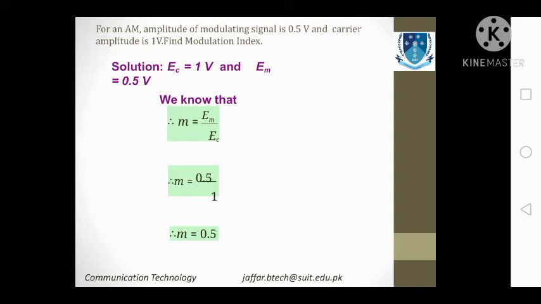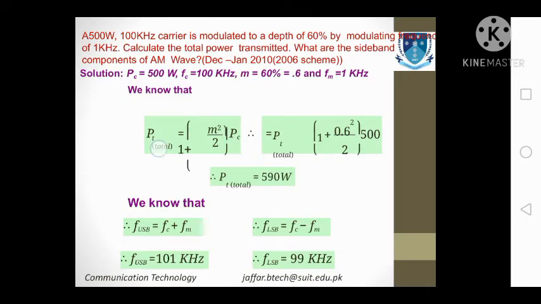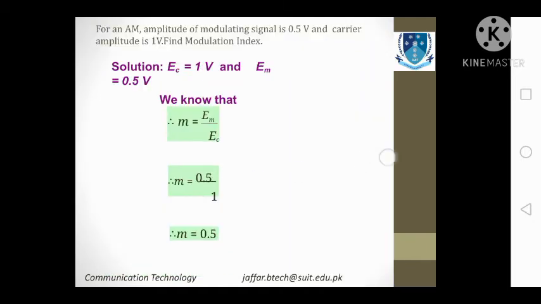For an amplitude modulation, the amplitude of the modulating signal is 0.5 and the carrier amplitude is 1 volt. So what will be the modulation index? You know that if you are given the amplitude of the modulating signal and the amplitude of the carrier signal, you can easily find the modulation index using this formula. The formula is m, which is basically the mu. Let me go back to the slides.